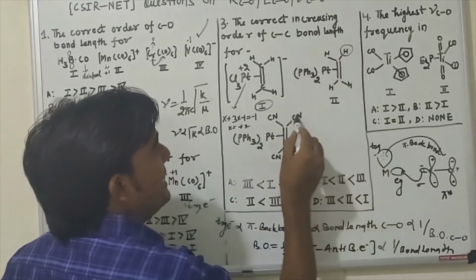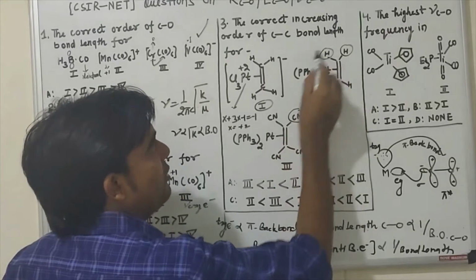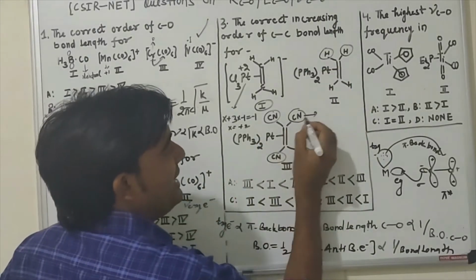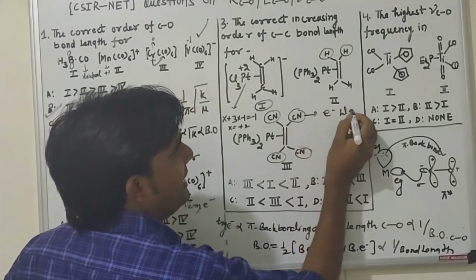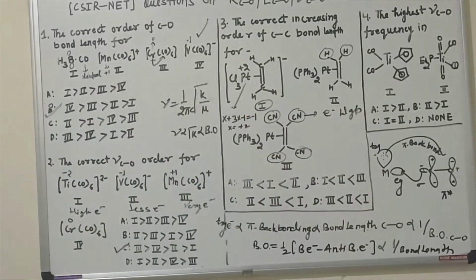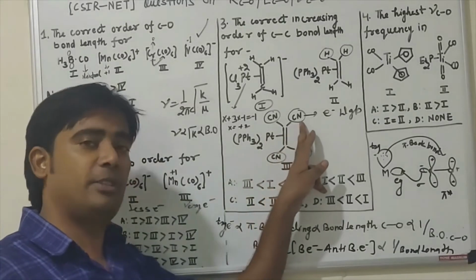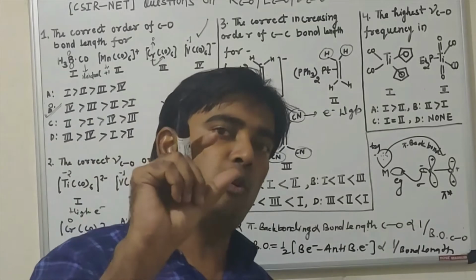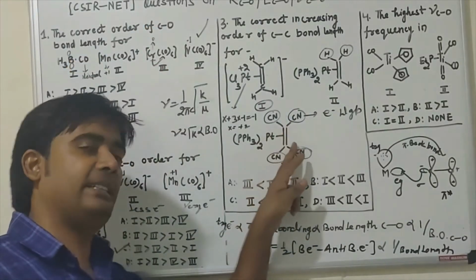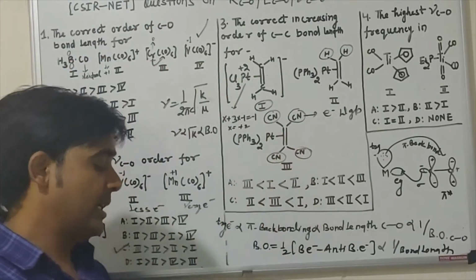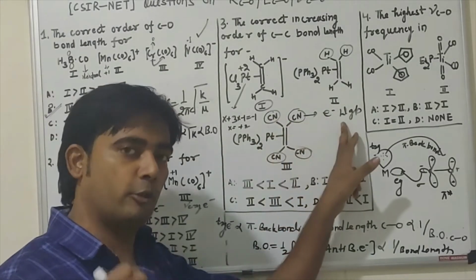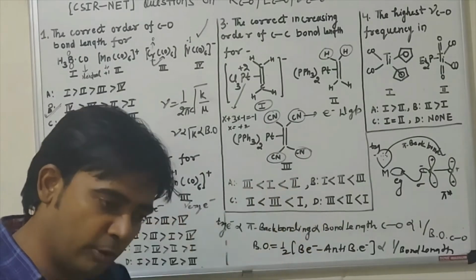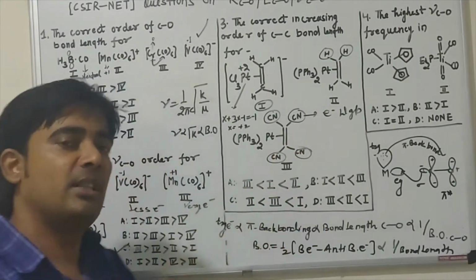Here is hydrogen, but here is CN. As we know, CN is an electron withdrawing group. If there is an electron withdrawing group, then it will decrease the energy of the LUMO of ethylene.